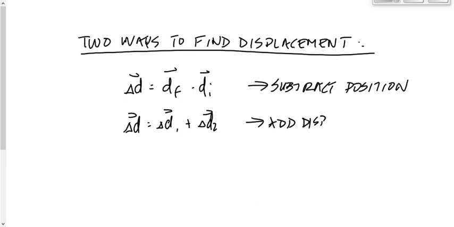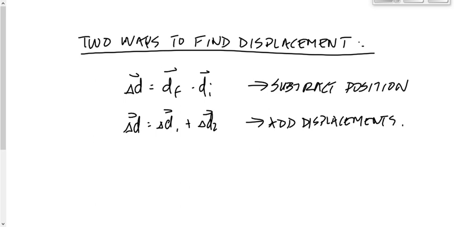What do we mean by that exactly? This is where I am, this is where I was, then subtract them. If this is how far I went, and then this is how far I went, then we add them. So for example, my final position is 4 meters to the north. My initial was 1 meter to the north.